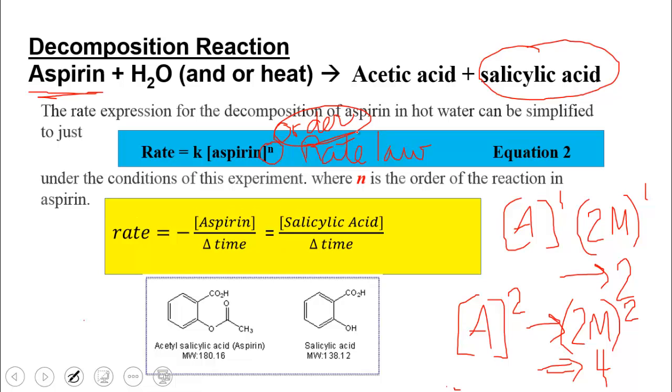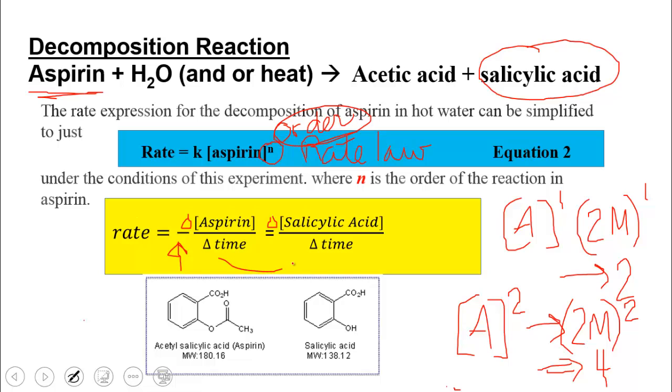Now, as in class, our rate is going to be the change in the concentration of aspirin over the change in time. And remember, here we have a negative sign because this is a reactant. That's also going to be equal to the change in the concentration of the salicylic acid over time, and that's a positive number because that's a product.